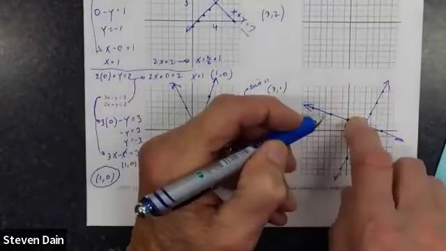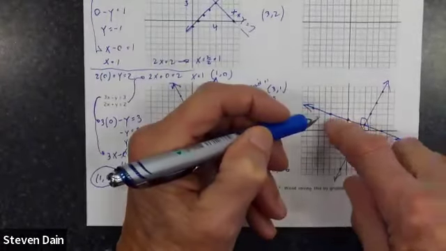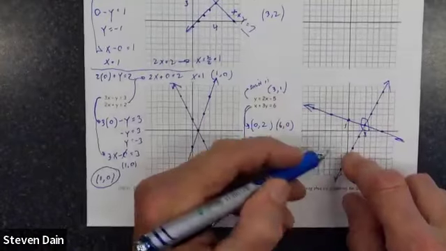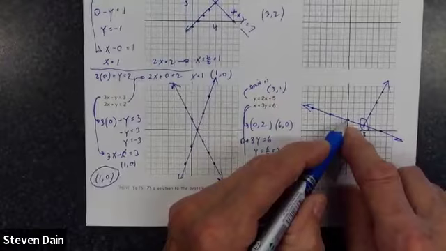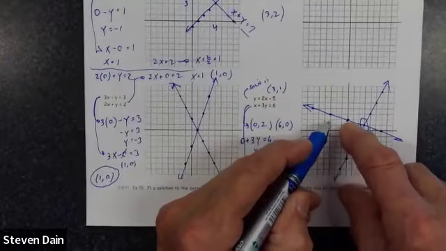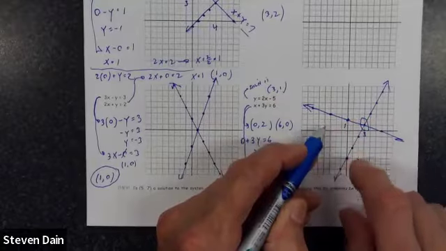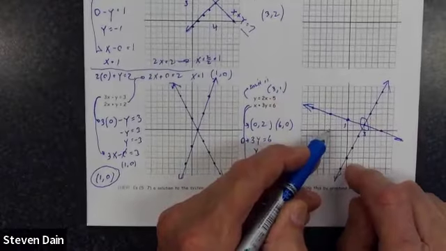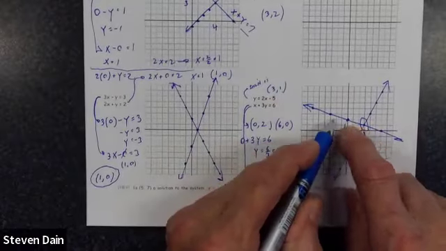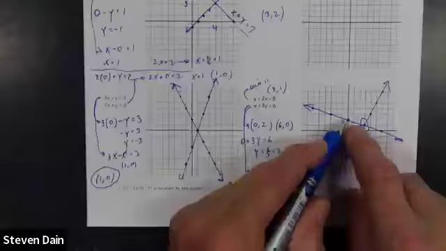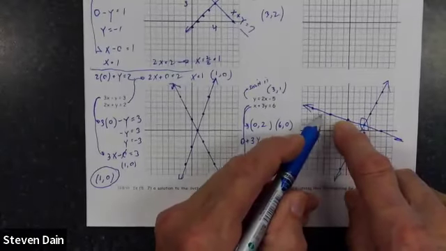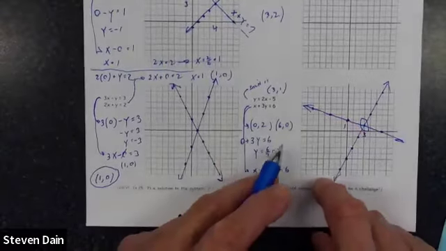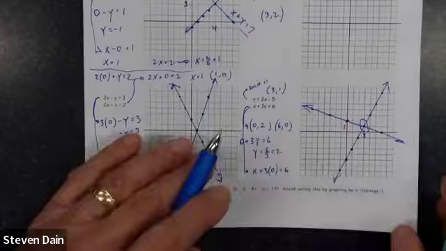Every time I go sideways 3, whether it's left or right, the change in y has to be 1. If I'm starting here and I go over 3 and then down 1, I'm not going to have a line anymore. I'm going to start making a triangle. We don't want that. But if I go to the left 3, to continue the pattern, I go up the same 1, over 3, up 1. Did that sort it out?